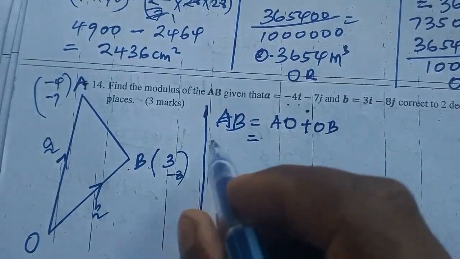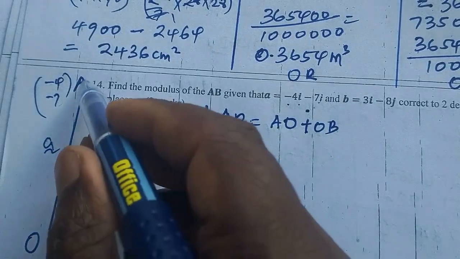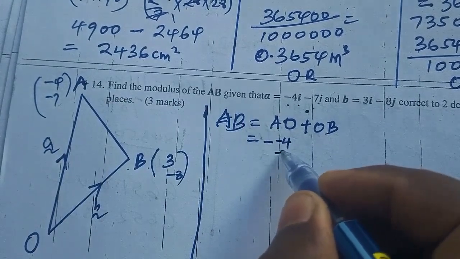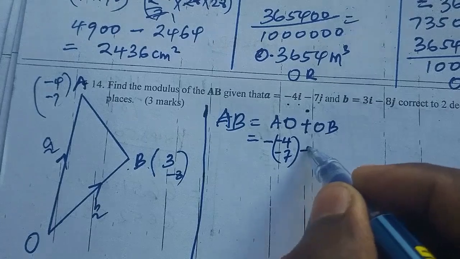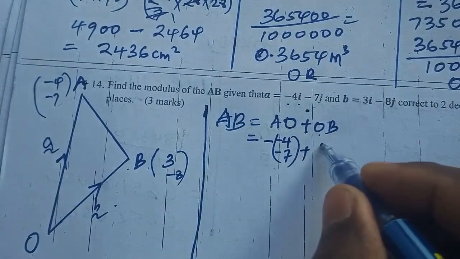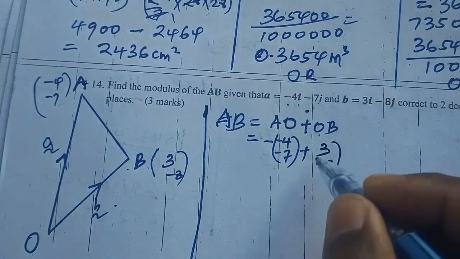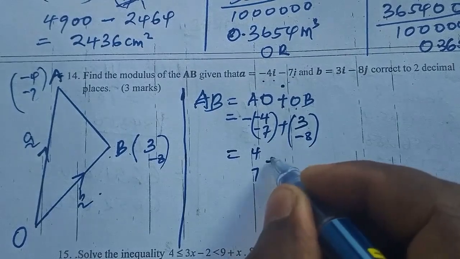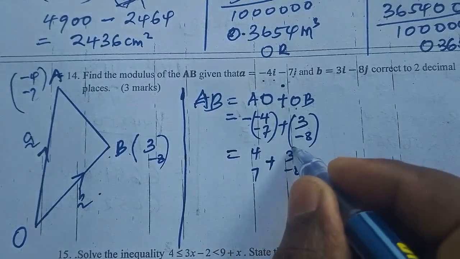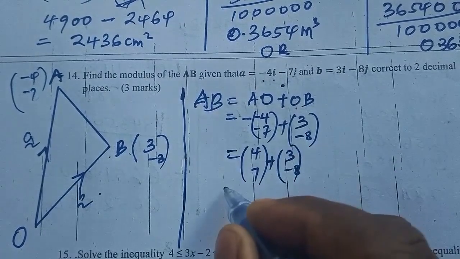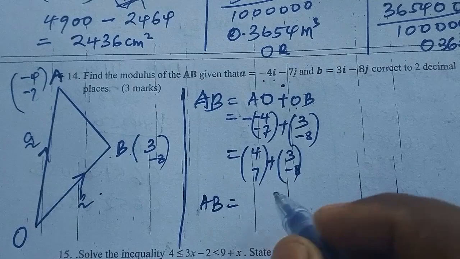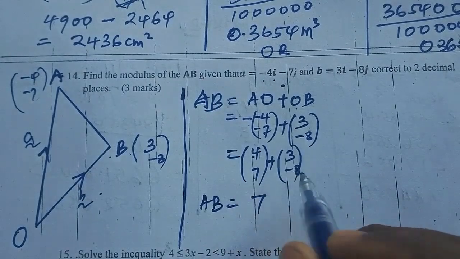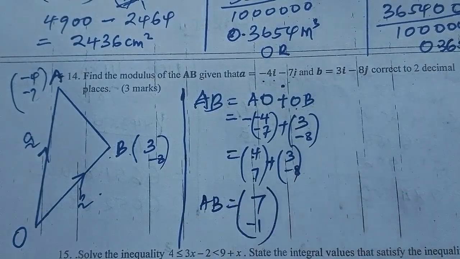We are coming the opposite, so it's going to be 4, 7 plus OB, and the OB is 3, -8. So AB is equal to this plus this, that is 7. 7 minus 8, that is -1. That is AB.